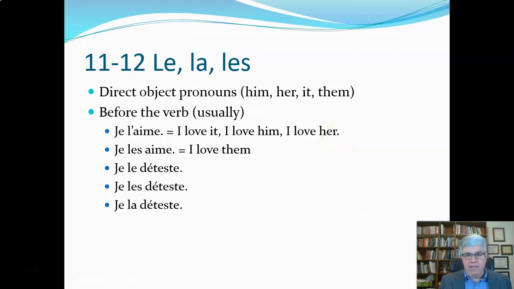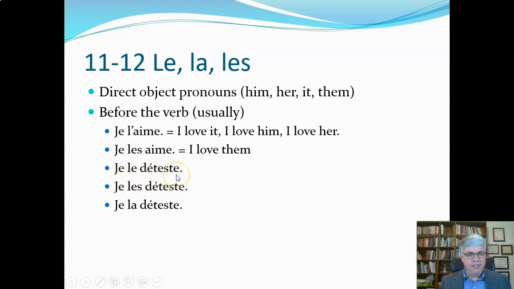Or I am loving it, I am loving him, I am loving her. There's context where you could think that's how it could be translated. Je les aime means I love them. And so the les is translated them. That's who's receiving my love? Them. I love them. So that's a direct object pronoun, third person plural.